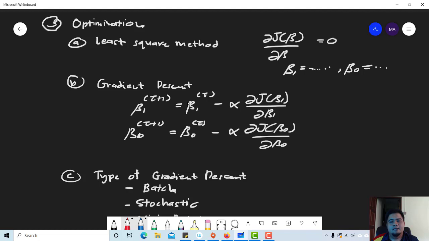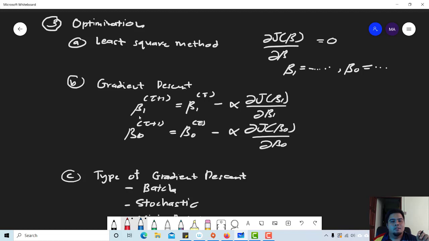You keep updating, and iteratively you are looping. If you are programming, you loop it and keep doing this iteration until you converge, until you find the optimum. How do you know you are already in convergent mode?